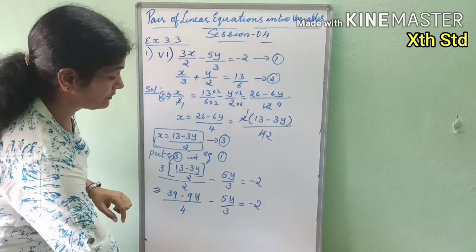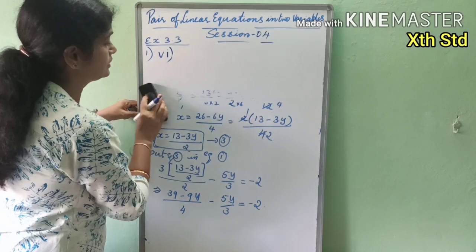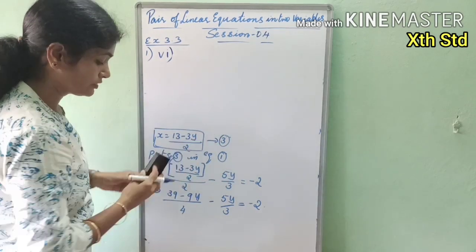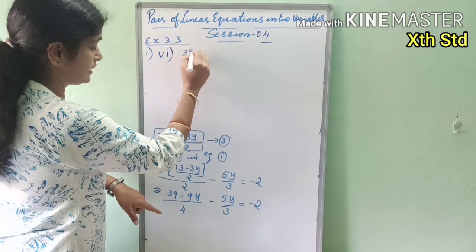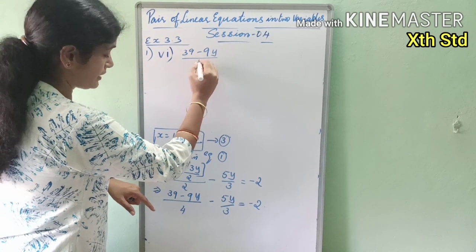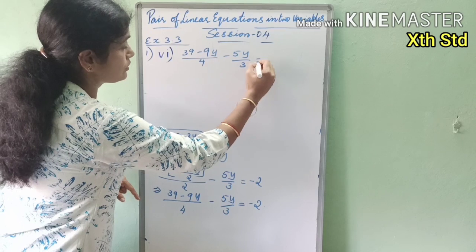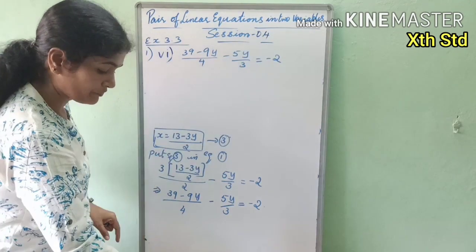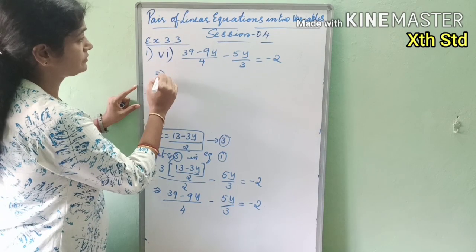Fine. Then I'll do it here. Therefore, further simplifying, 39 minus 9y divided by 4 minus 5y by 3 is equal to minus 2, we got. Right? Now take the LCM of this.